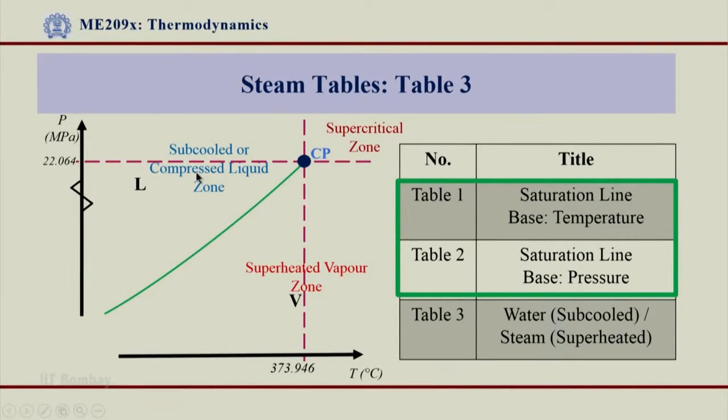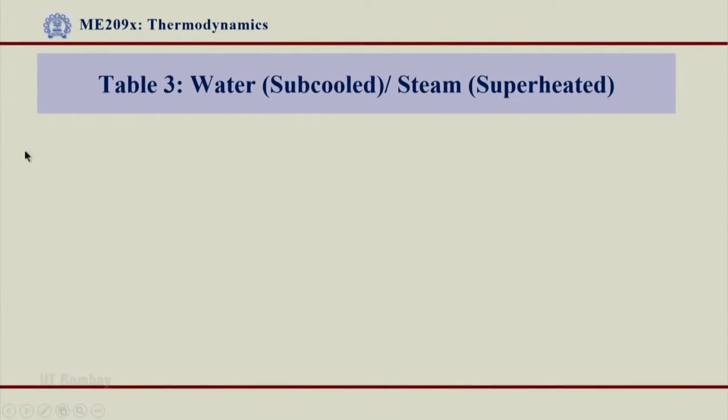But for other zones, for example the subcooled compressed liquid zone, superheated vapor zone and supercritical zone, I will get all the properties from table 3. So, for all these, I will have to look at table 3 in the steam table. Let us see one example of the subcooled and superheated zone.